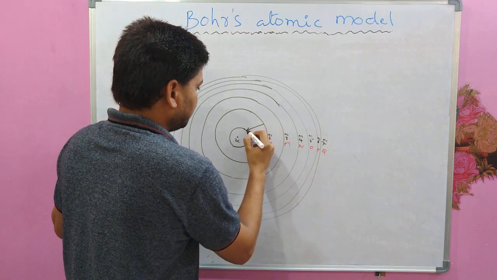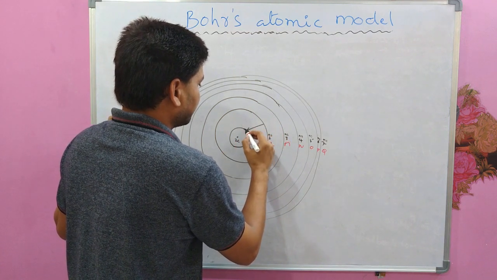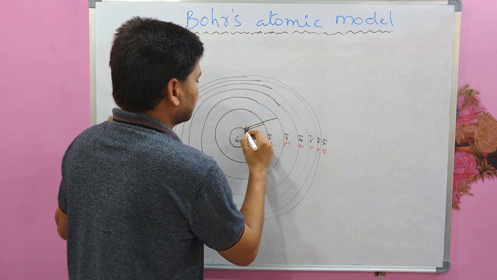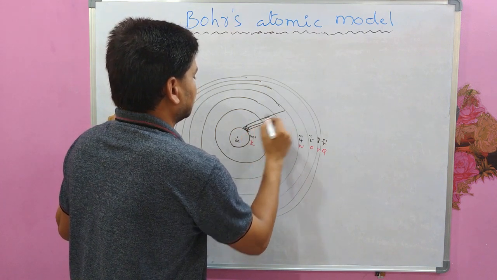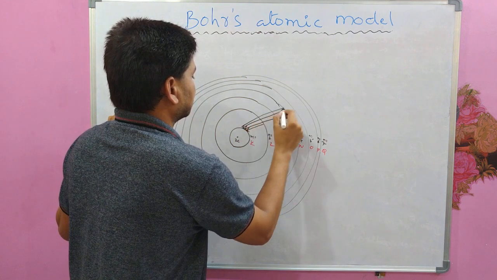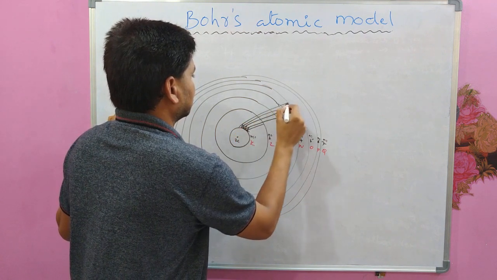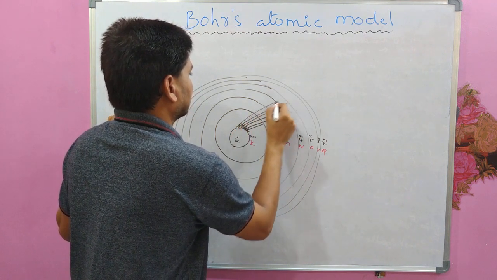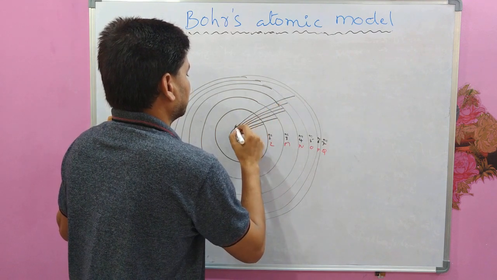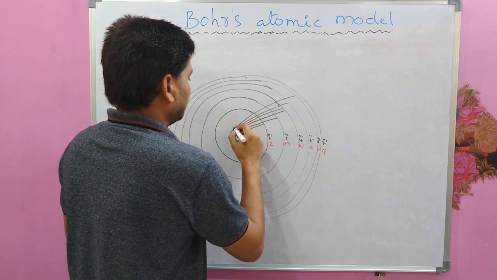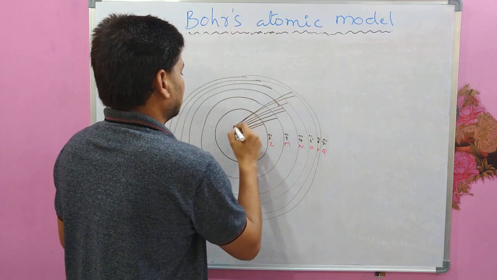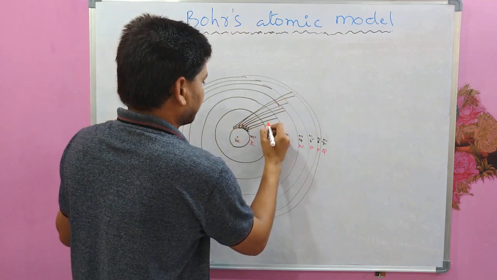If the electron is coming to the first orbit from higher orbits, you can take this as Lyman.